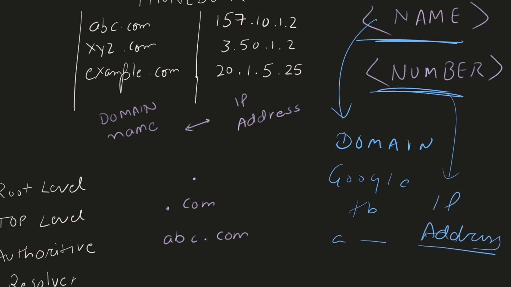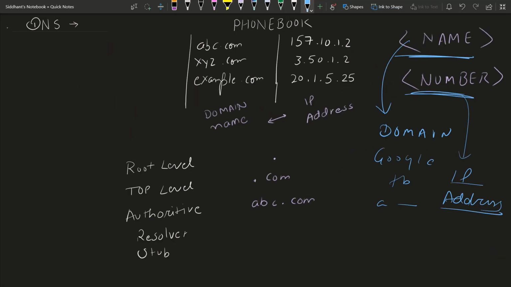So DNS converts your domain names to IP addresses and vice versa, but mainly it converts your domain name to IP addresses. This is the task of DNS.